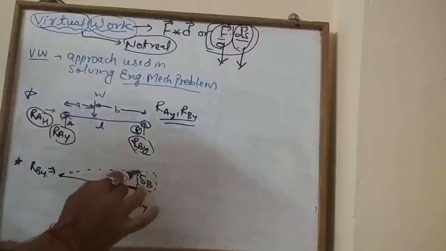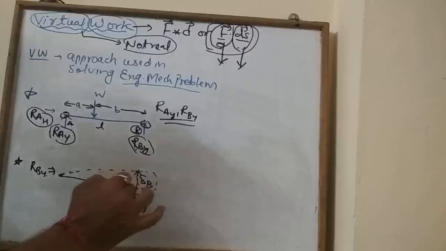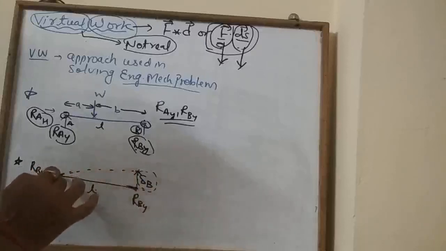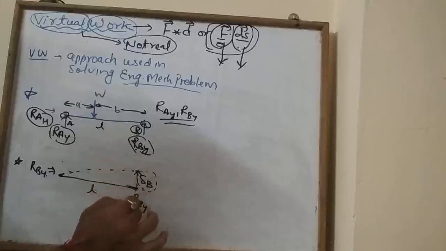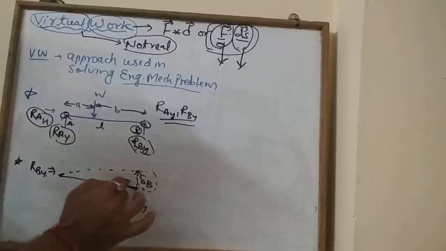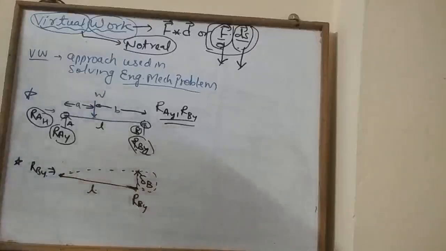One thing we have to keep in mind is that if we are calculating the reaction at B, then we'll have to displace the point B. If we have to calculate the reaction at A, then we'll have to displace the point A. Here we are displacing point B under the application of RBY. Then the other point of application should not be displaced.